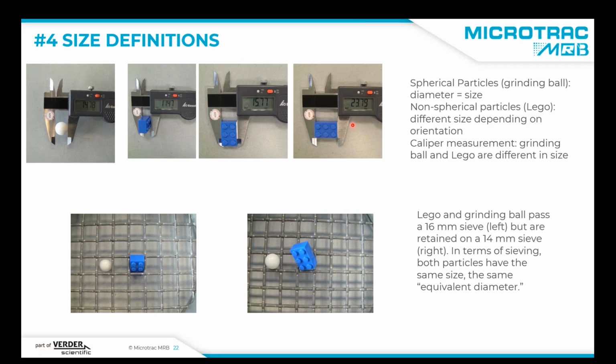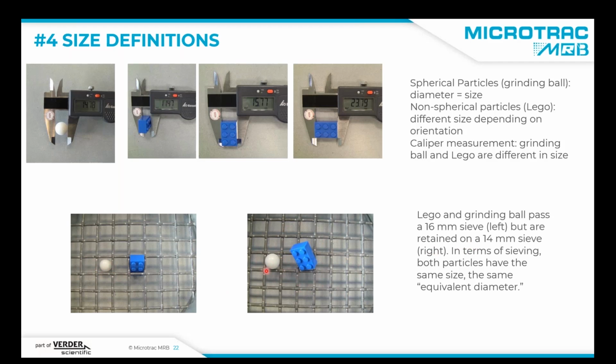But it also depends on the capability of your measurement instrument. You can have any orientation with the caliper here, but if you put these particles on a sieve, you see that this is a 16 millimeter sieve and both particles fit through the holes. And on a 14 millimeter sieve, both particles will be retained.